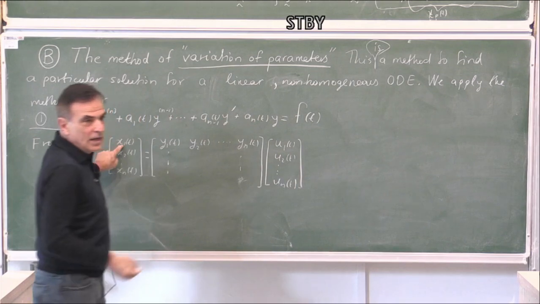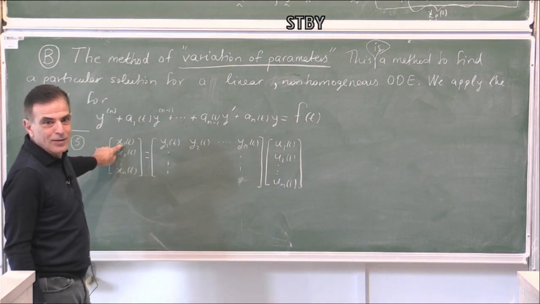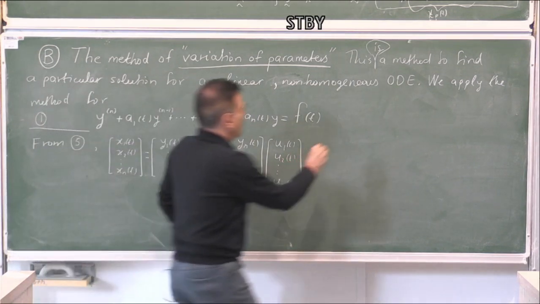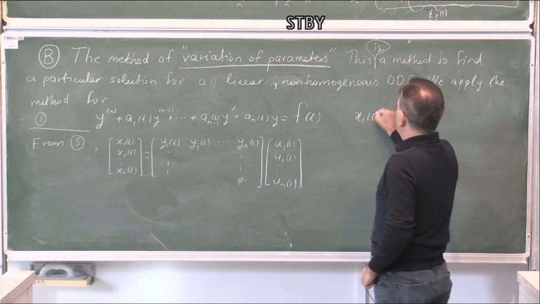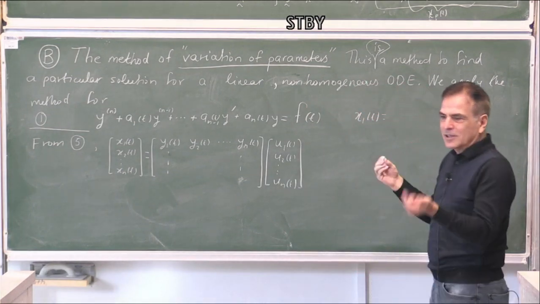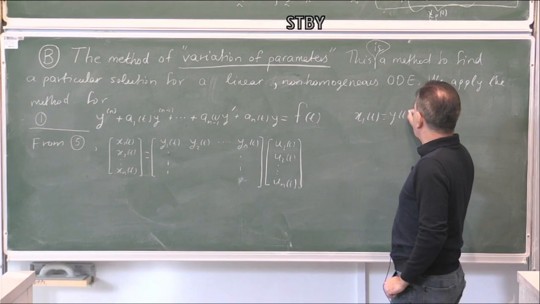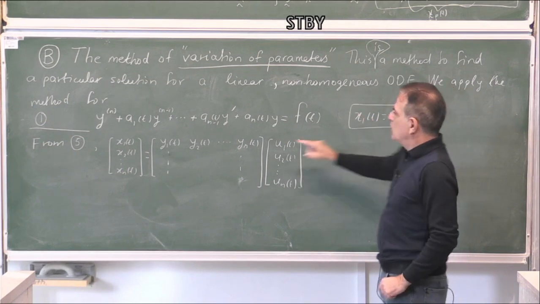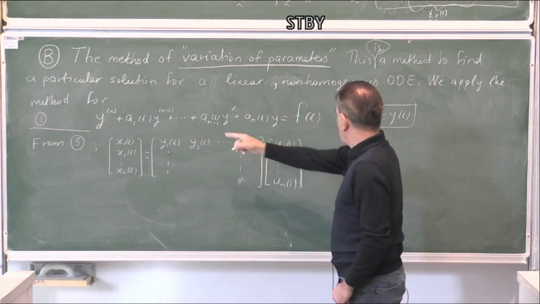And since we need to find only x1, which is y, recall that x1 of t in the system representation is nothing but the required solution. So we need to find just x1 of t.